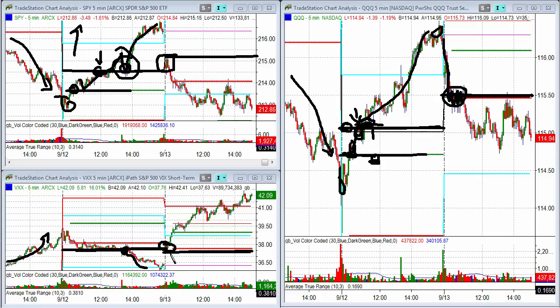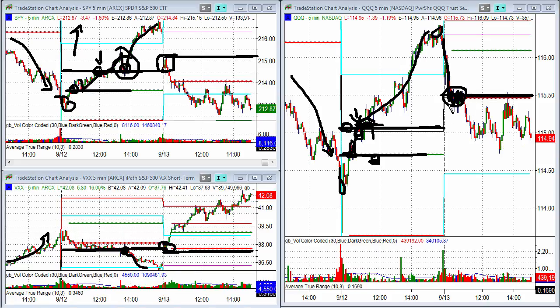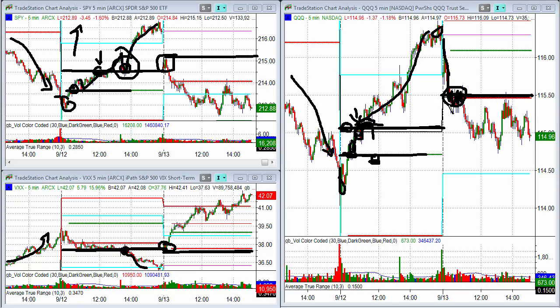So if you see the SPYs gapping below an important floor trader pivot, and the VIX gapping above their floor trader pivot, and the Qs sitting on the floor trader pivot, as soon as they all start to continue in their respective directions, down in this case with the Qs, down in the SPYs, then you know that this has the potential to be a down day, which is exactly what it's been.